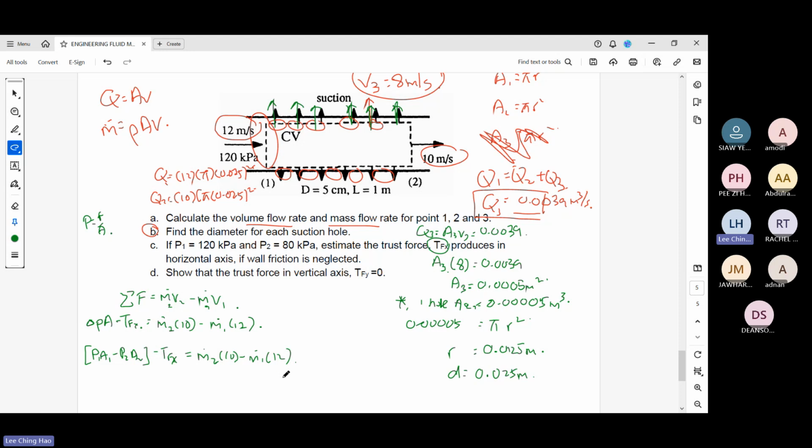If we have all the values: P1 you have already, P2 you have already, area is pi times 0.025 square. So you get everything here. Tx is the one that you are looking for. M dot 1 and m dot 2 you have already, 10 and 12. So basically you have everything now. Then you can complete.